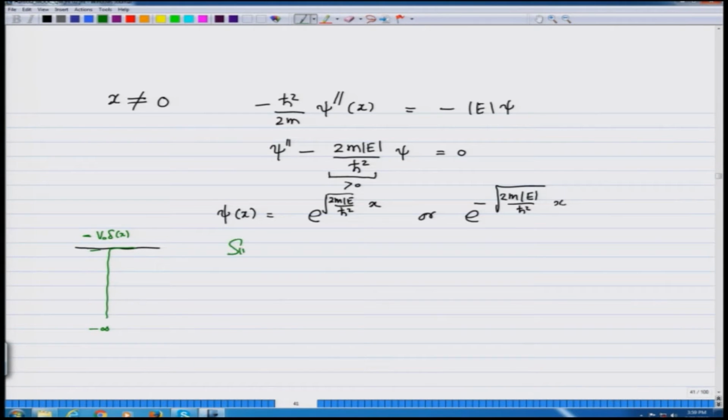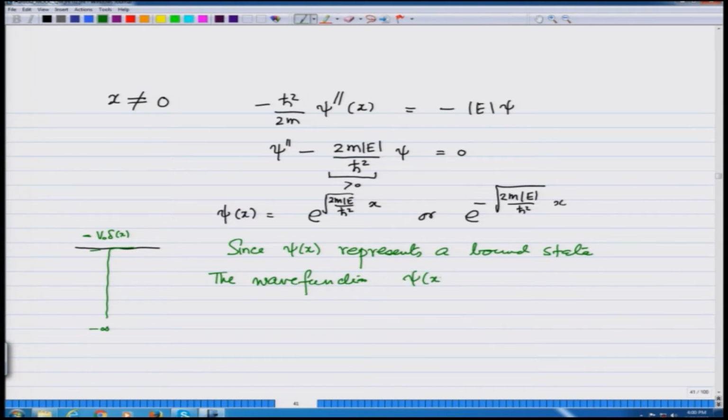Since psi x represents a bound state, that means the wave function psi x must go to 0 as x goes to plus or minus infinity.